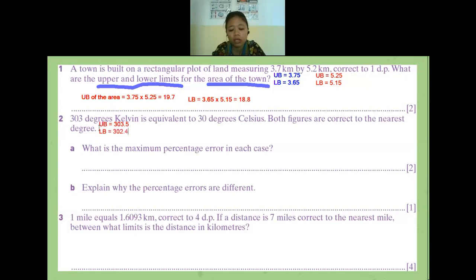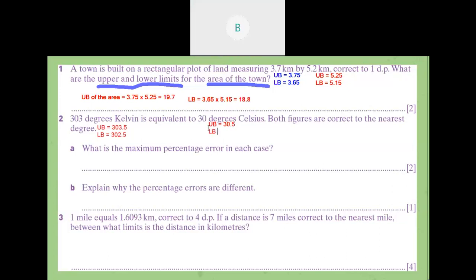Anyone get confused? Now for the 30, what is the upper bound and lower bound of 30? 30.5. Okay, 30.5, and the lower bound? 29.5. Anyone get confused?